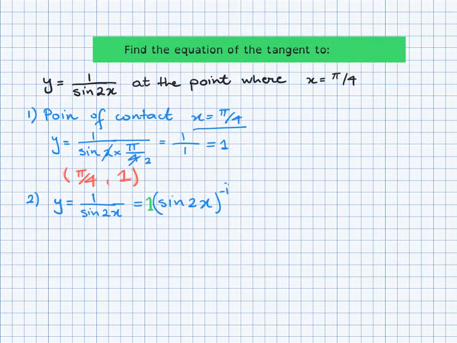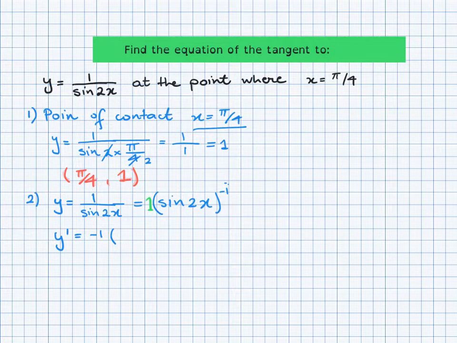So now let's find the derivative, y dash. We're going to use the chain rule. By using the chain rule, we take the power in front of the brackets, so it's negative 1.